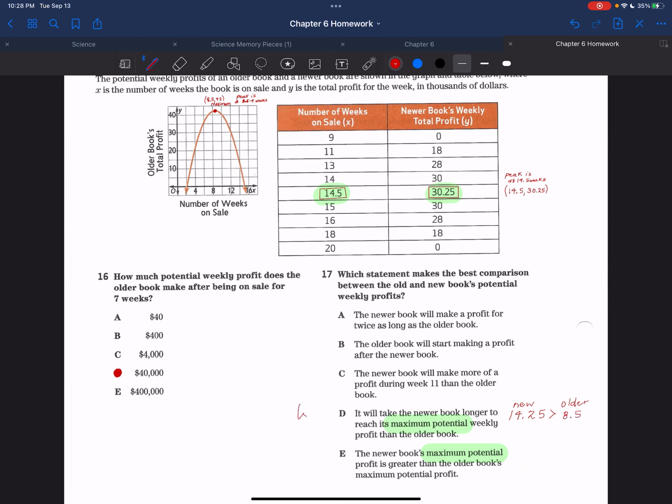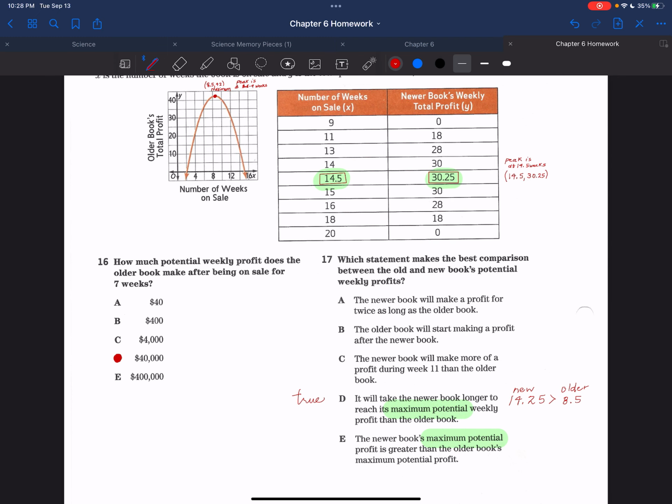So this could be my answer, but let's keep going. The newer book's maximum potential profit, 30.25 thousand, is greater than the older book's maximum potential profit. That is a false statement, so I can eliminate that answer. That is not the answer we're looking for. So I like D, but we have three other choices that we need to look at.